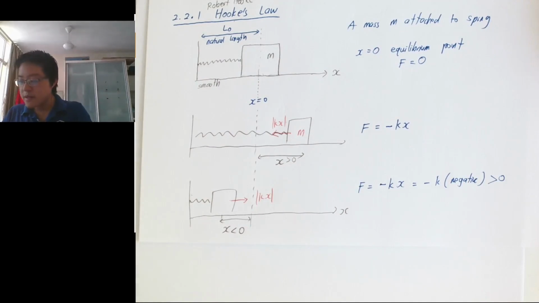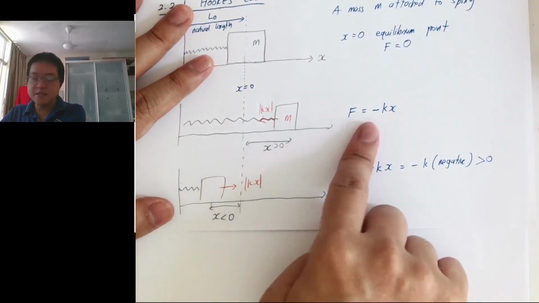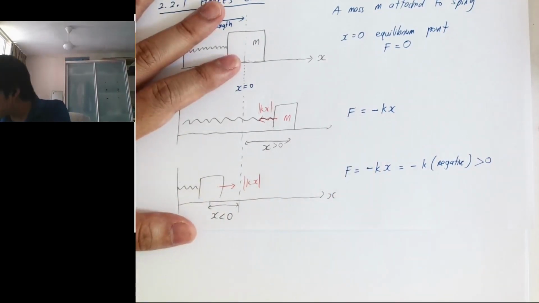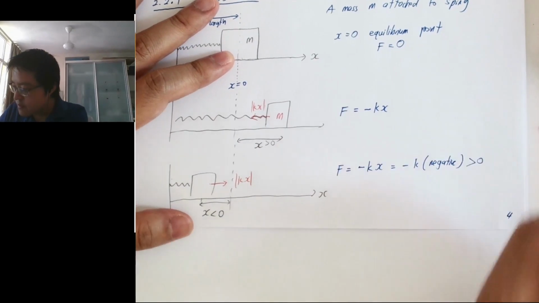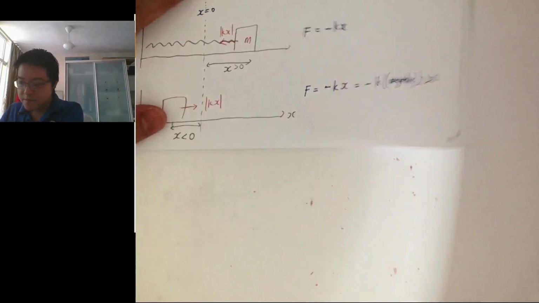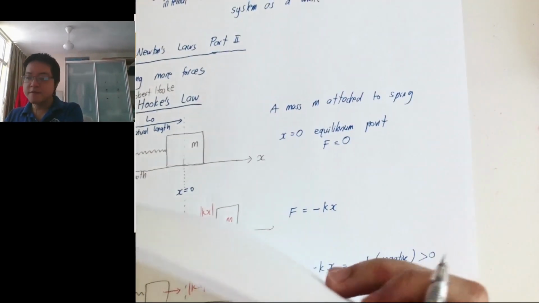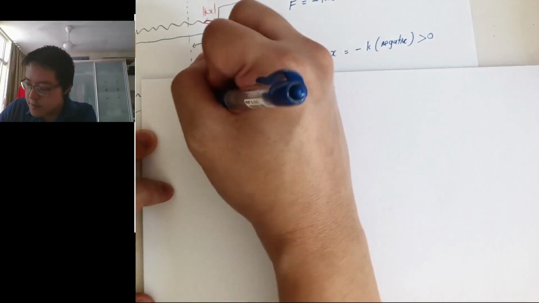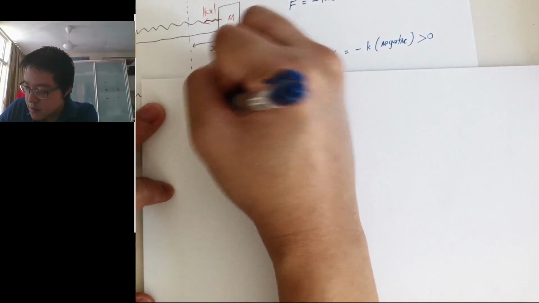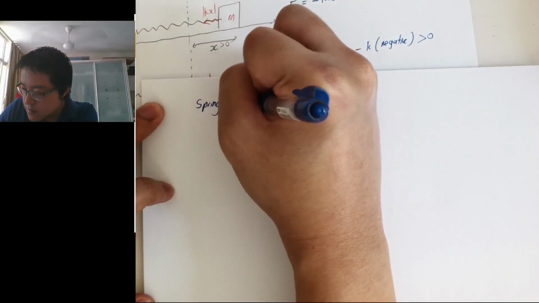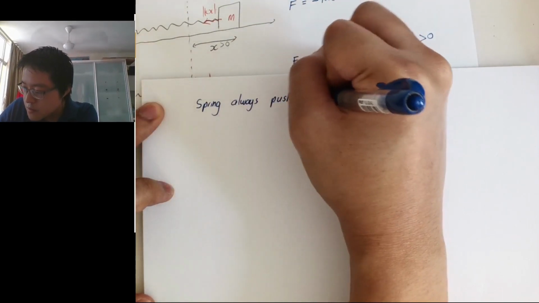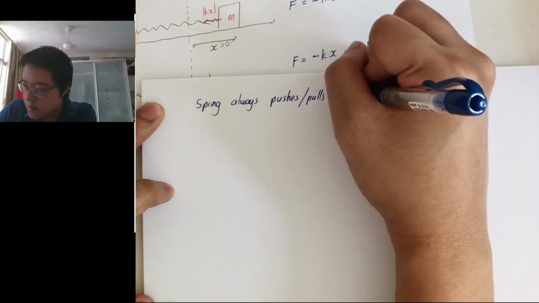So that means this is the general expression for the force acting on the spring. Let me write more clearly what I just said. What we realize from the spring is that a spring always pushes or pulls the mass.